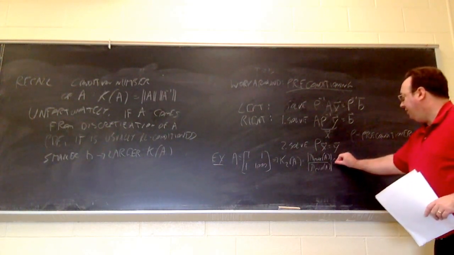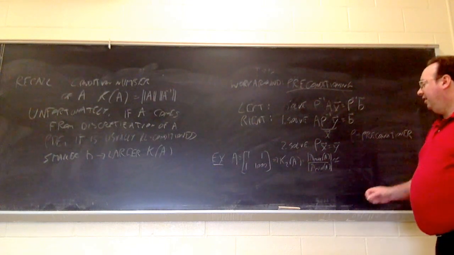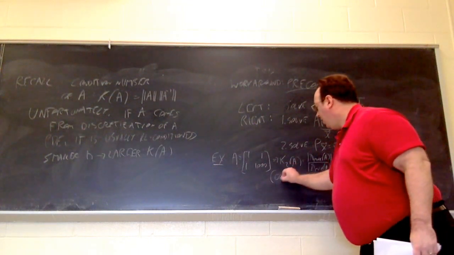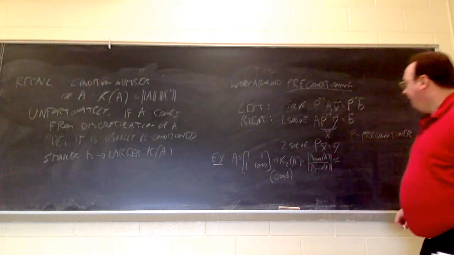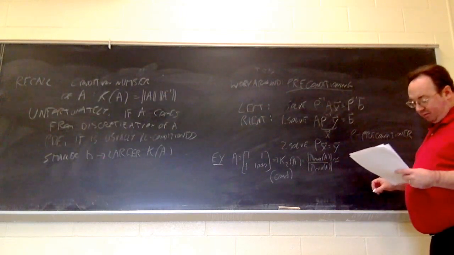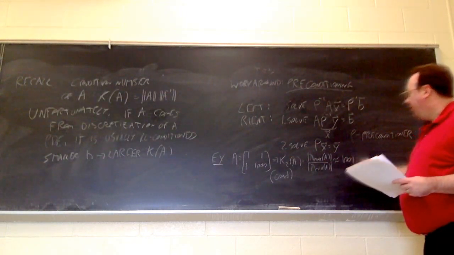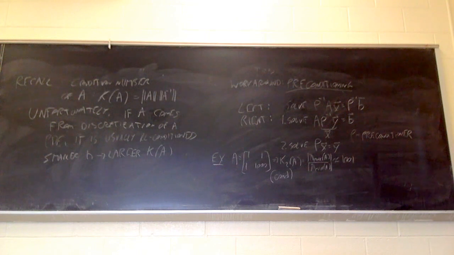So if you go ahead and compute this, like in MATLAB using the cond function, then you get roughly 1001. So it's not horrible, but it's not great either. So I would like to try to reduce that somehow.